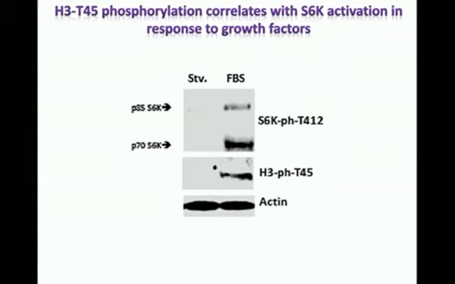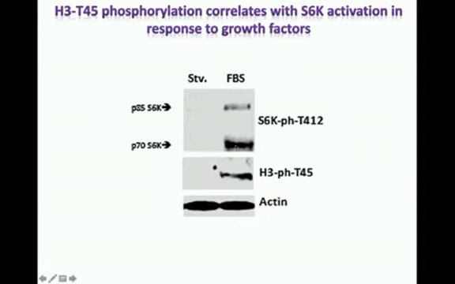Upon stimulation by fetal bovine serum, FBS, which is a collection of growth factors used in cell culture, the cells are stimulated to undergo protein synthesis, and hence S6K2 will be fully active for the process of protein synthesis. In this setup, you can see that S6K is here.